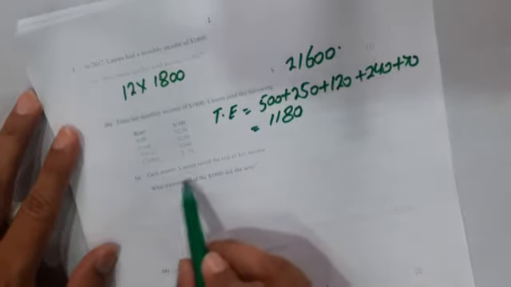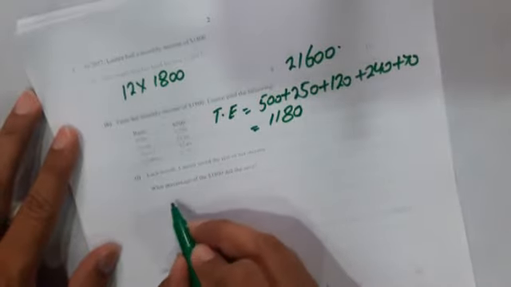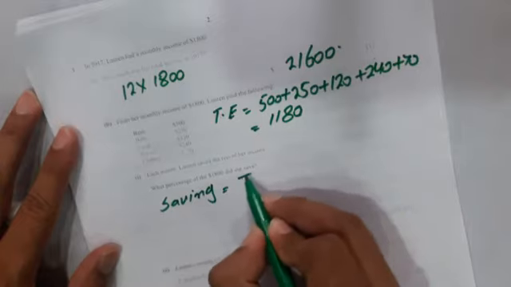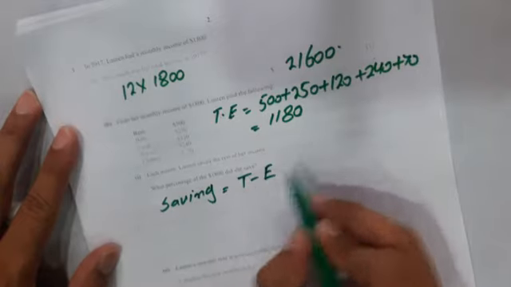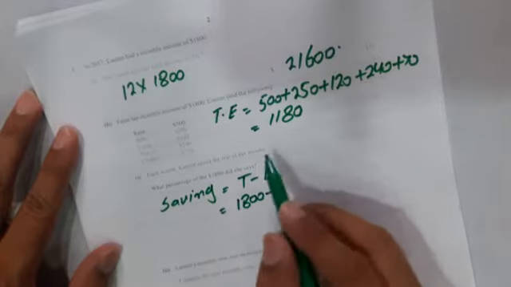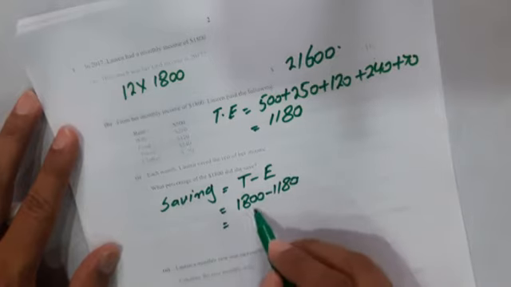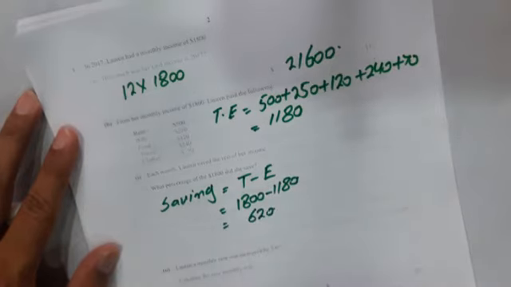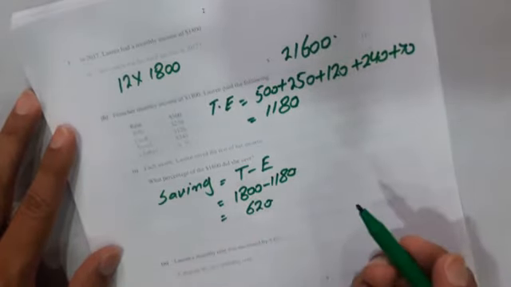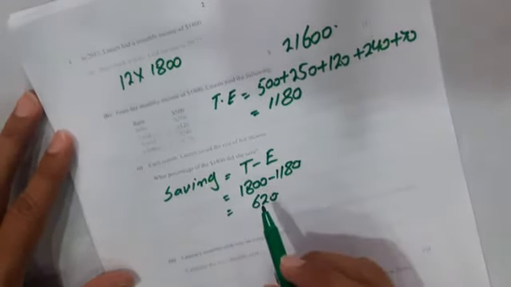We have to find the saved income. Total saving will be equal to total minus expenses. Total is 1800 and expenses are 1180, so this will be equal to 620. We have to find the percentage of saving. Saving is 620 over the original or total price, which is 1800.